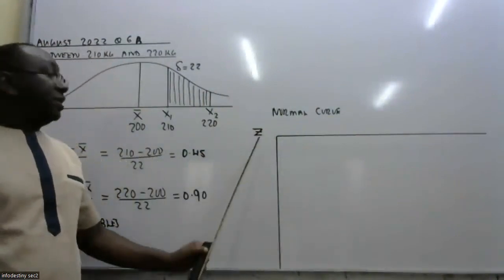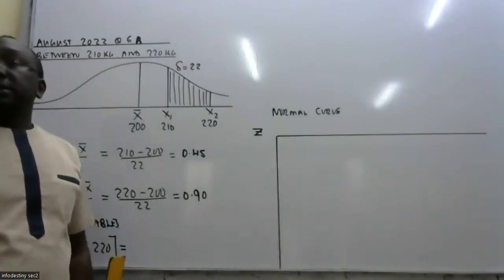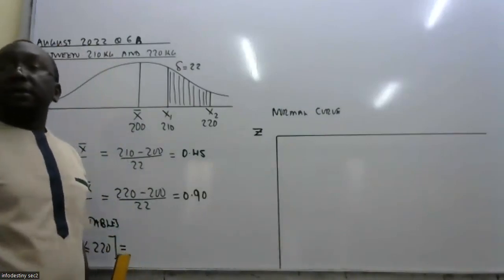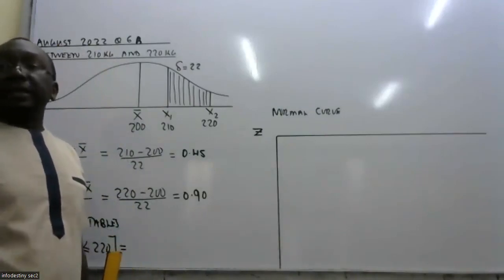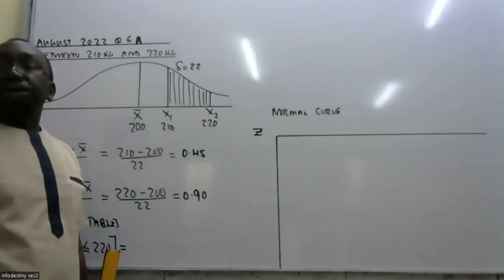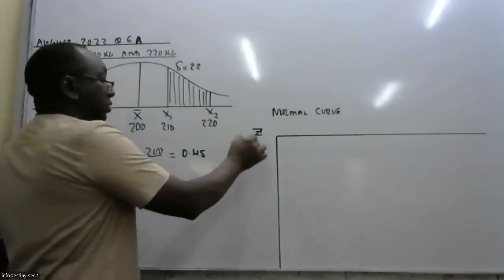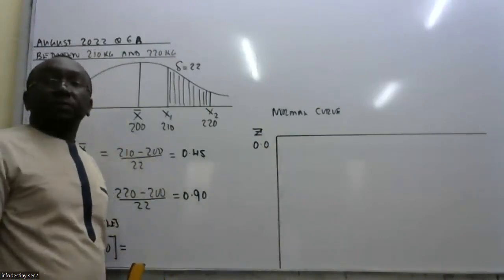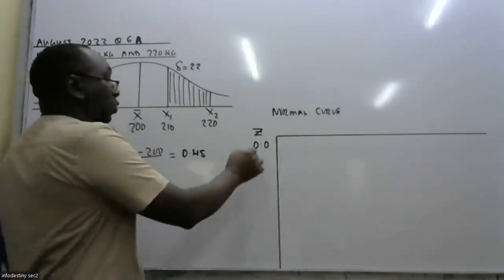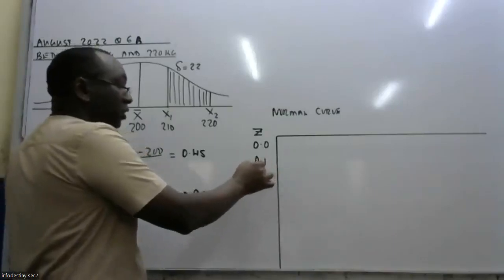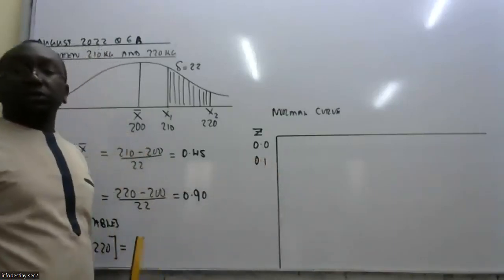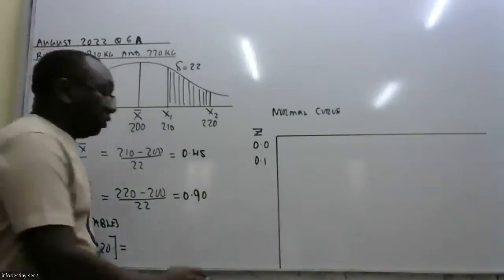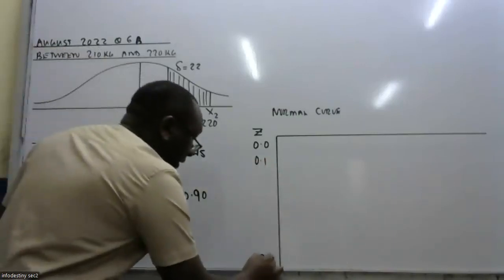The first value here is what? Read as it is written: 0.0, followed by 0.1. They continue that way all the way to 3.9.